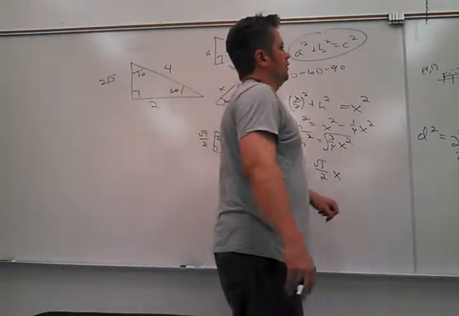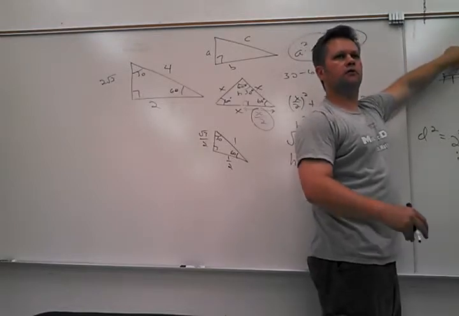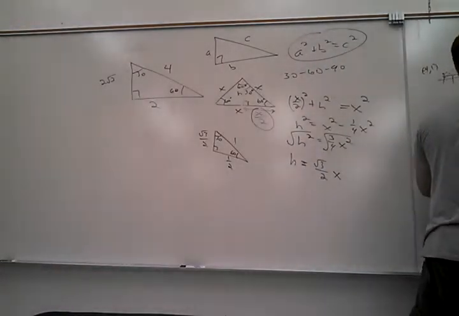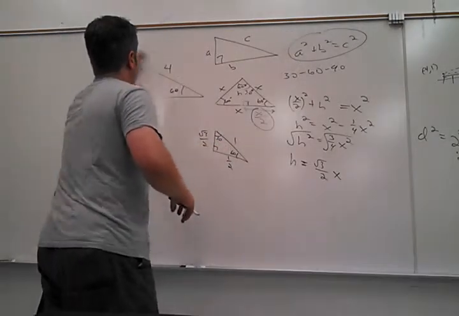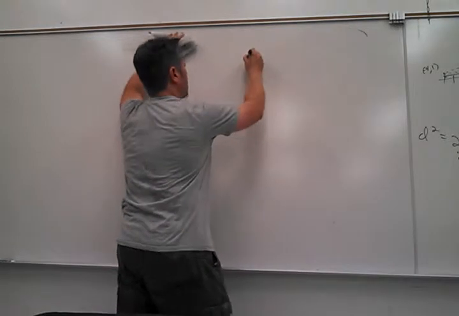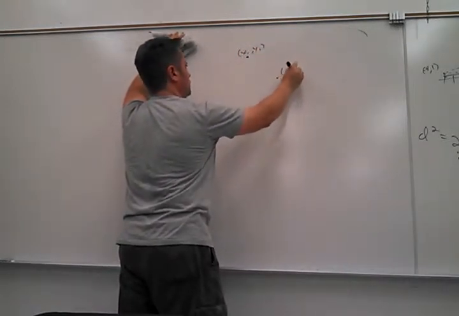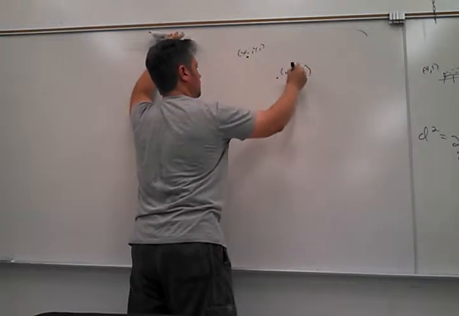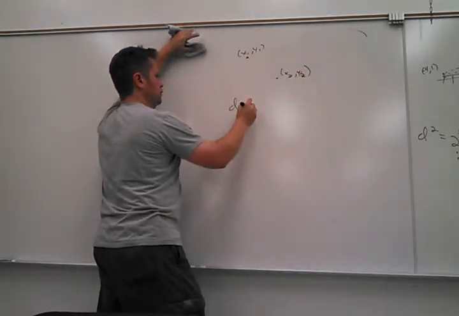So, to get the distance formula in general, this is why I'm trying to put these down here too. The distance formula in general would be between any 2 points. If I have a point x1, y1, another point x2, y2, the distance between them would be the square root.